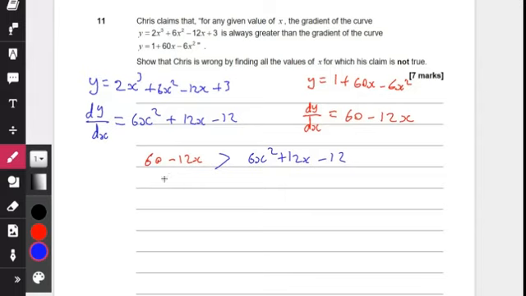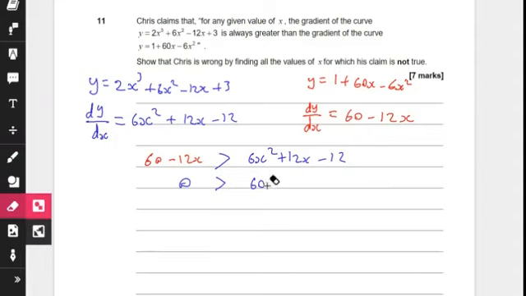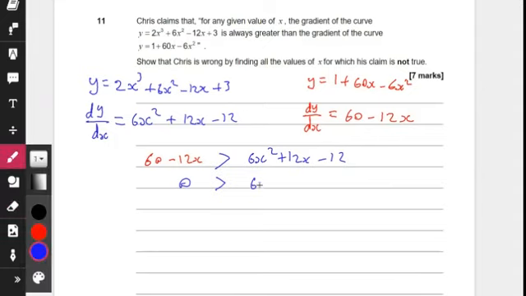Then if we take away 60 and add 12x to both sides, we get 0 is greater than 6x squared plus 24x minus 12 minus 60, which is minus 72.